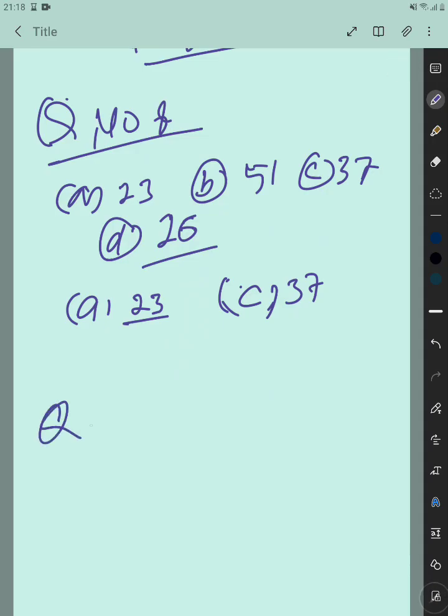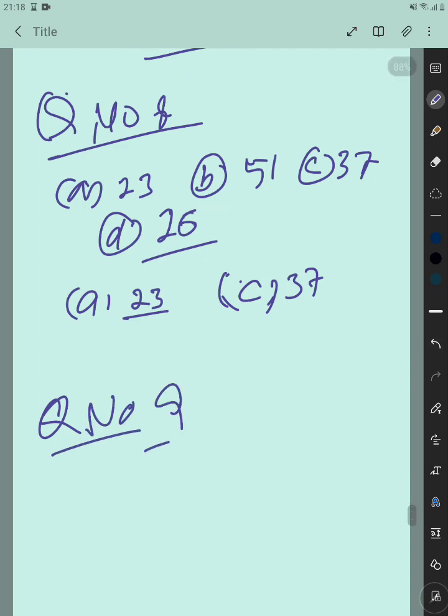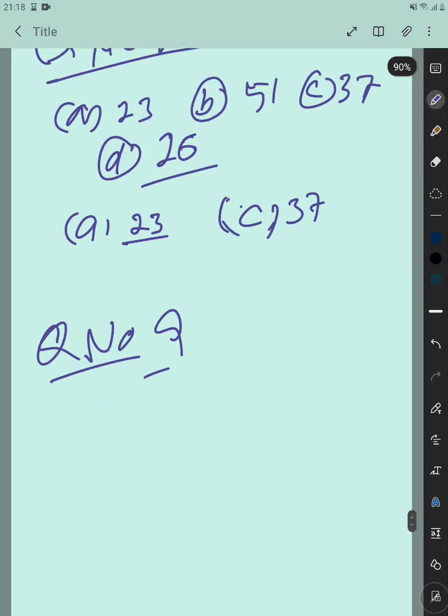Now we have come to question number 9. What is question number 9? Write 7 consecutive composite numbers less than 100 so that there is no prime number in between.